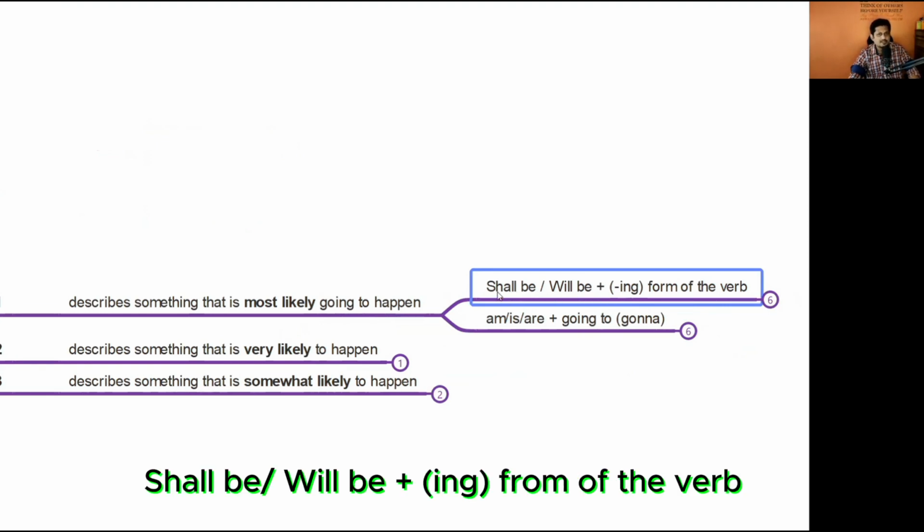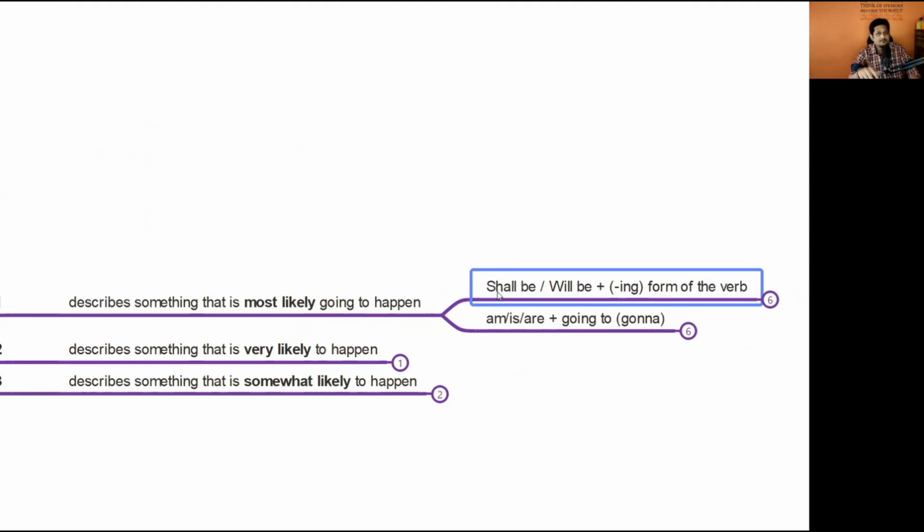Shall be is mostly not used, but I will still tell you that shall is used with I and we. So when you're using I or we, you can use shall. Now, for I and we, will is also used. Both of them are fine. You can use shall, you can use will. Both of them are globally accepted.